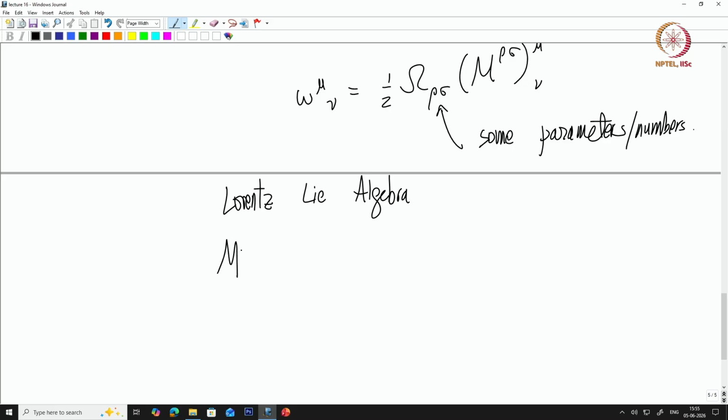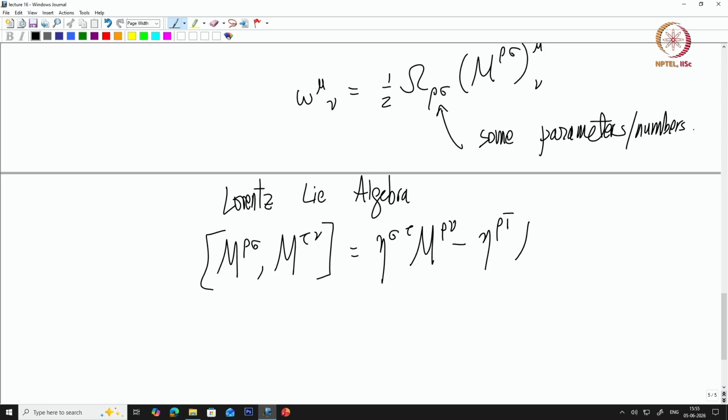which is given by M rho sigma, M tau nu, equals eta sigma rho M rho nu minus eta rho tau M sigma nu, minus eta sigma nu M rho tau.